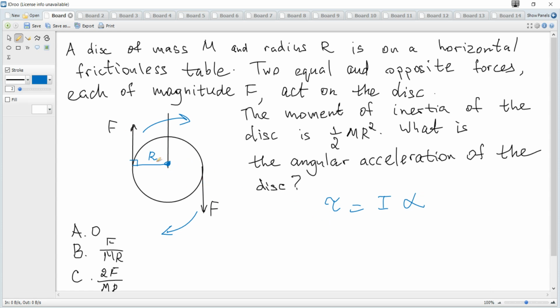The torque for this force is F times r, and this torque is also F times r. So the net torque is 2Fr, and this is equal to the moment of inertia, half mr squared, times alpha.